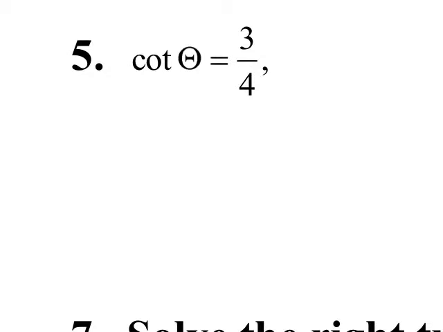So here's what we're going to do. Cotangent is the same thing as 1 over tangent, so I'm just going to rewrite it. This is the same thing as 1 over tangent of theta. I didn't really do anything; I just rewrote cotangent in terms of tangent.